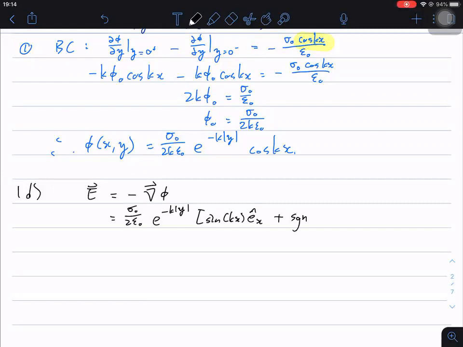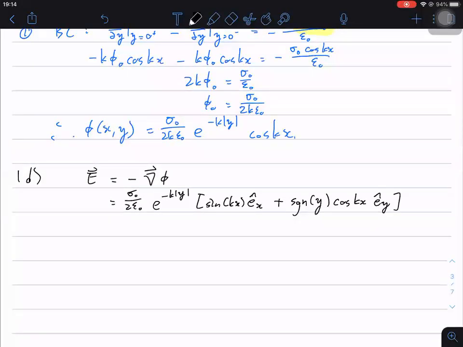SGN here is the sign of y, because we have to take the partial derivative with respect to y, and we have the absolute value of y in our potential. So that's the solution of 1D.